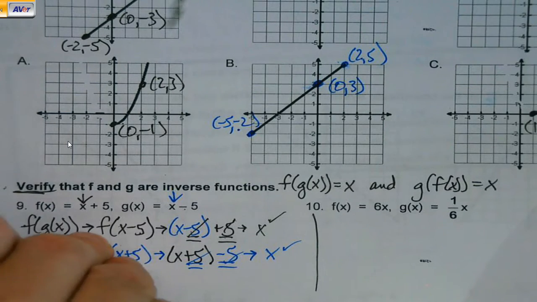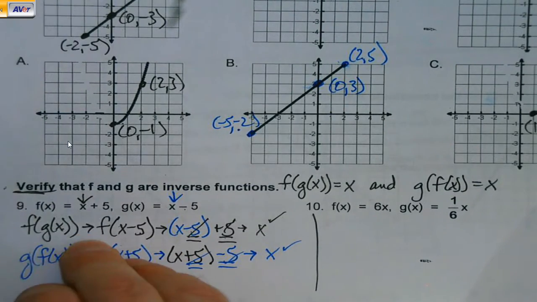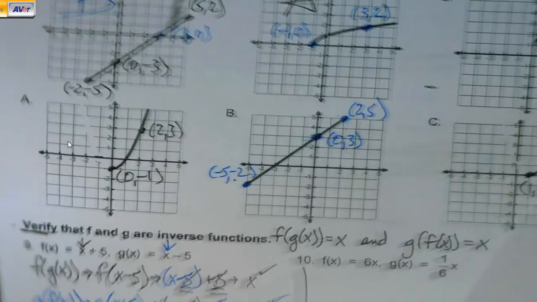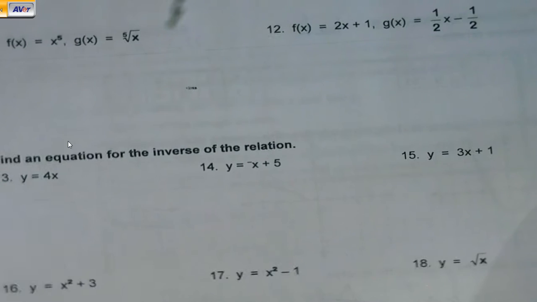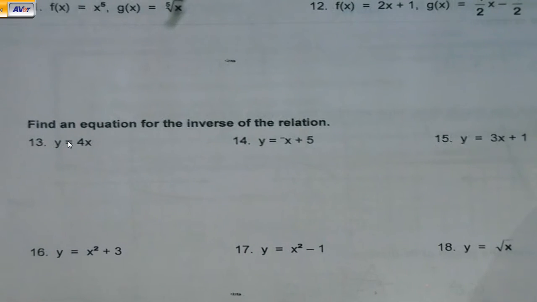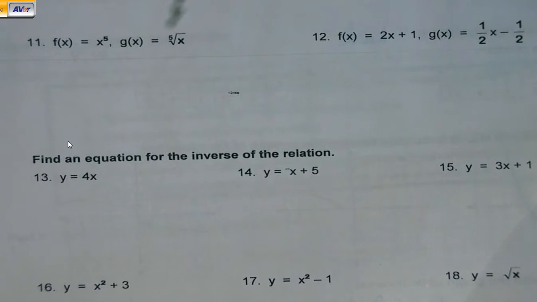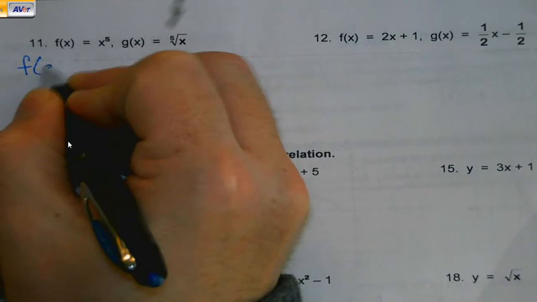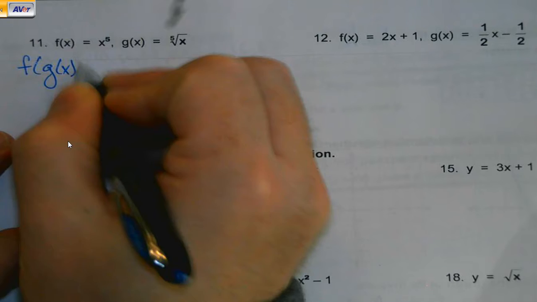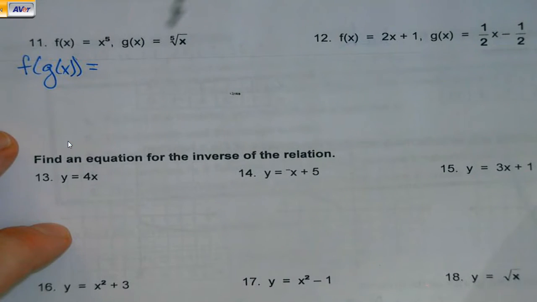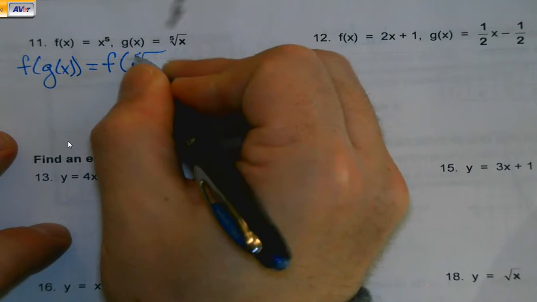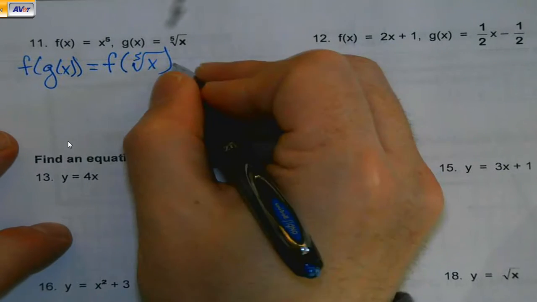So as we look at some more of these, let me flip this over. Oh yeah, I want to do one more of these with you. Oh, that looks fun and complex. Let's do 11. f of g of x means we're doing f of the fifth root of x. Oh dear.